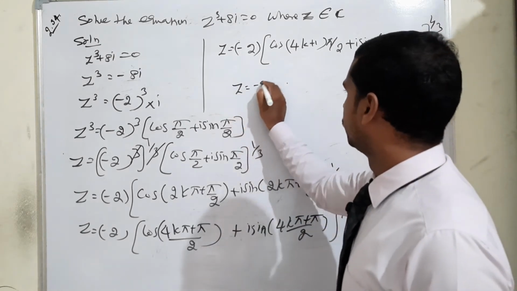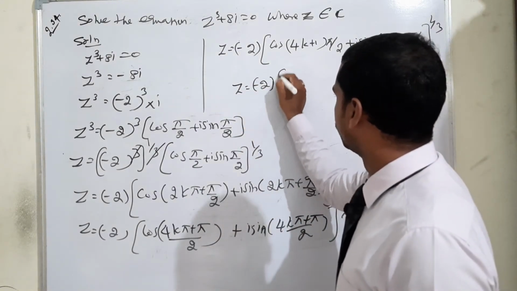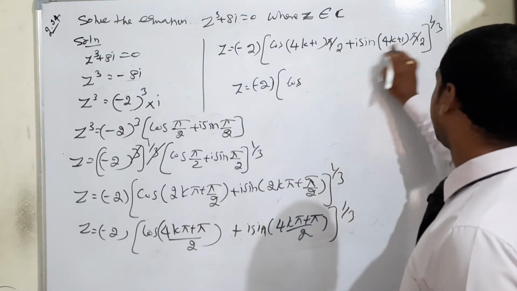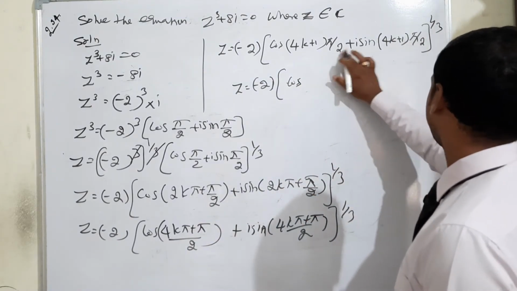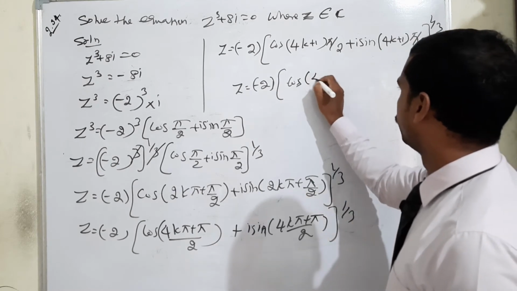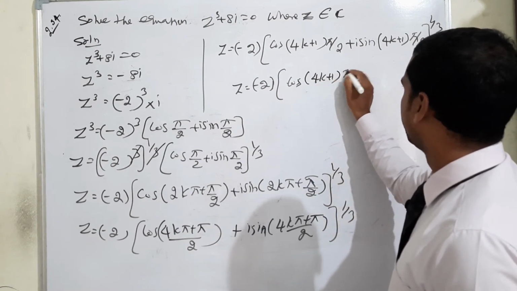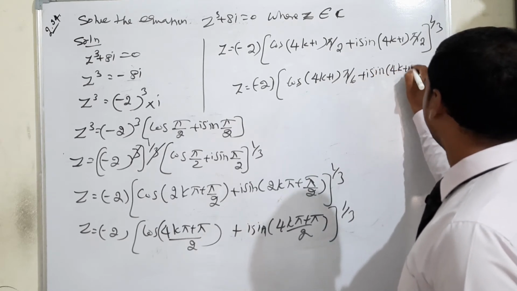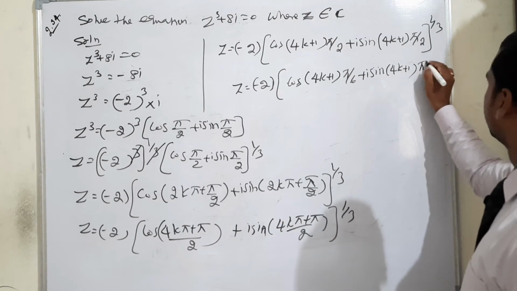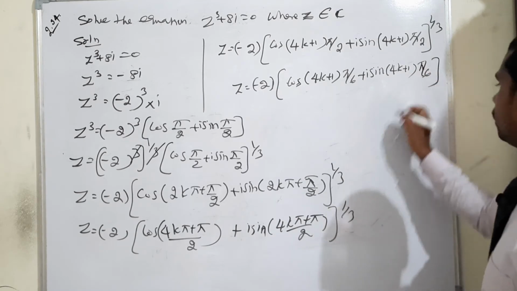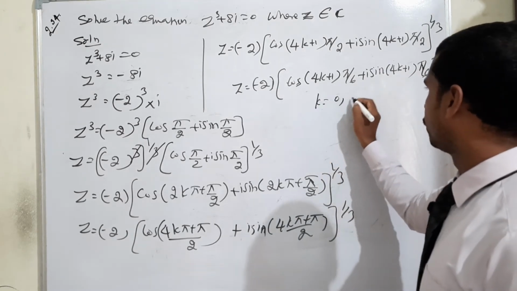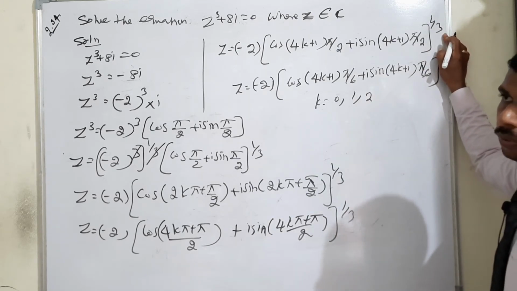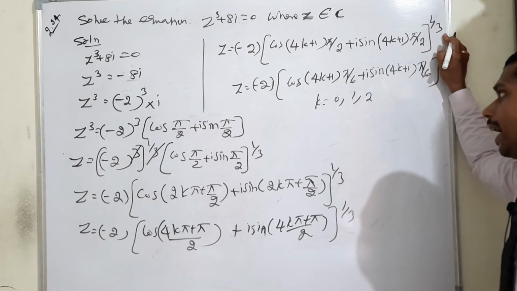Therefore z is equal to minus 2 into cos of, each and every term divided by 3 multiplied, so 2 into 3 means 6. Therefore 4k plus 1 into pi by 6 plus i sin of 4k plus 1 into pi by 6, isn't it? So we consider k for the values 0, 1, 2 because the power is 1 by 3.